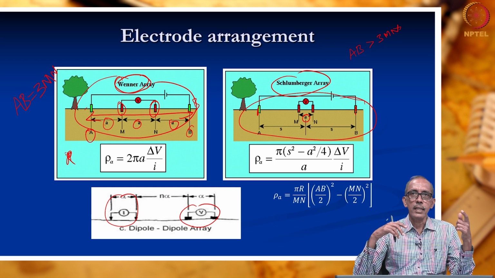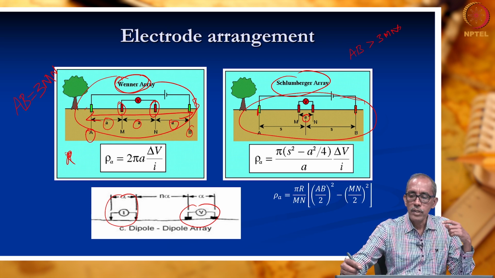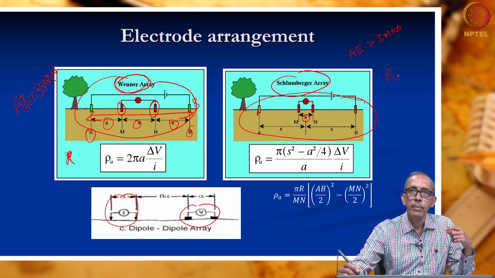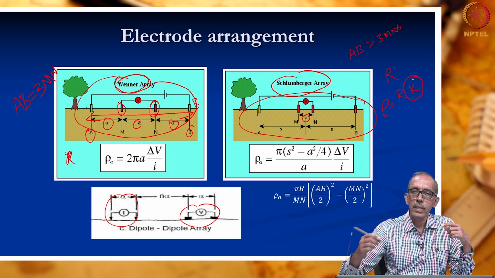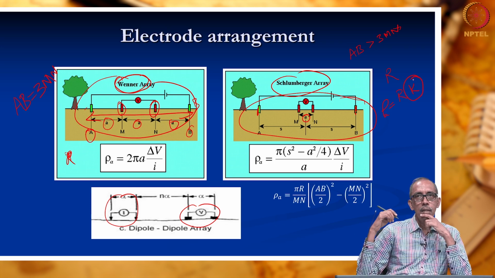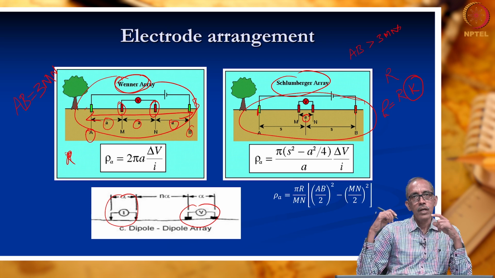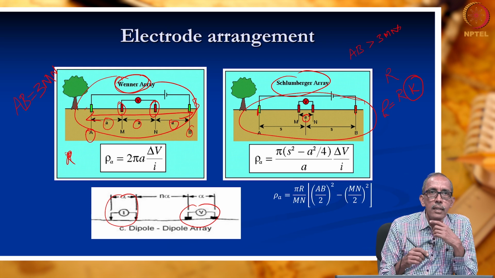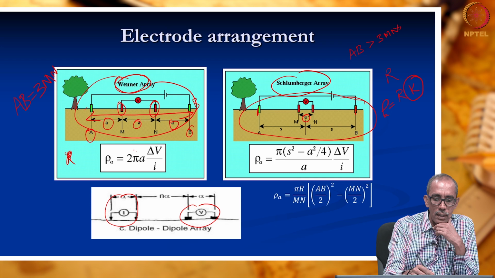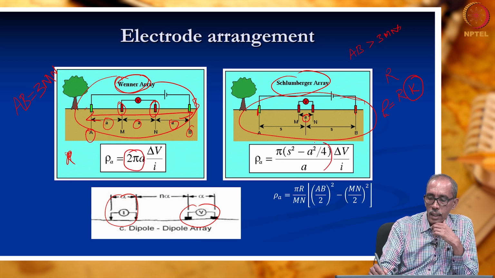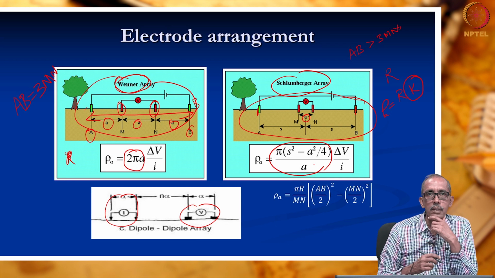We have already said resistance which we measured can be converted to rho A, that is apparent resistivity, only by multiplying resistance with a K. We said K is dependent on the way in which the electrodes are arranged, isn't it? So here in this arrangement, we can see K is equivalent to 2 pi A. In this method, K is equivalent to this.